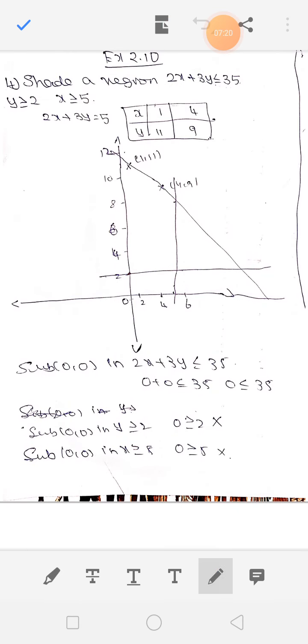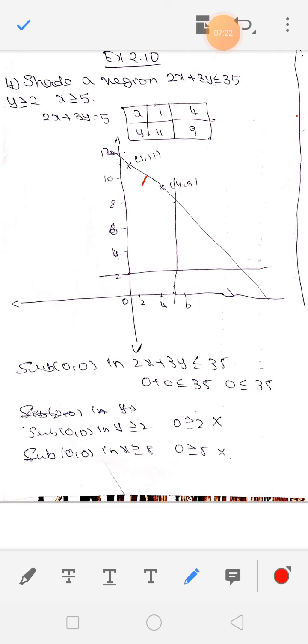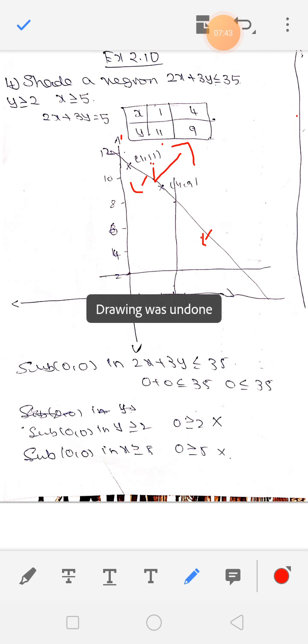This line, the left side must be true, because I just took 0 comma 0. Where is 0 comma 0? Here only, correct? So it will come on this side. Suppose if I take 0 comma 13, apart from 12, if that is true, you will draw towards this line here. But here I took 0 comma 0. 0 comma 0 is the interior of that line, so this is our region.